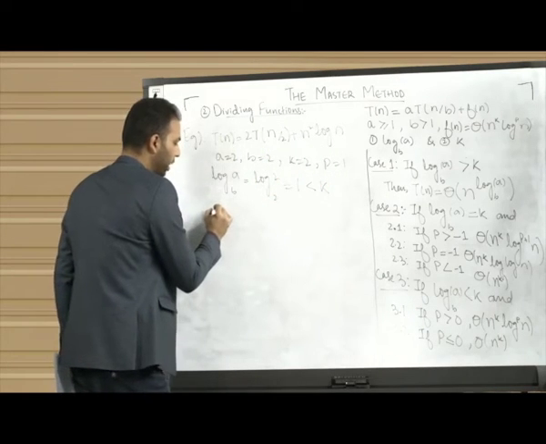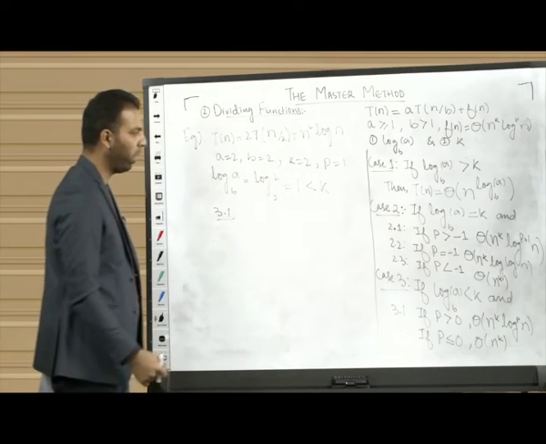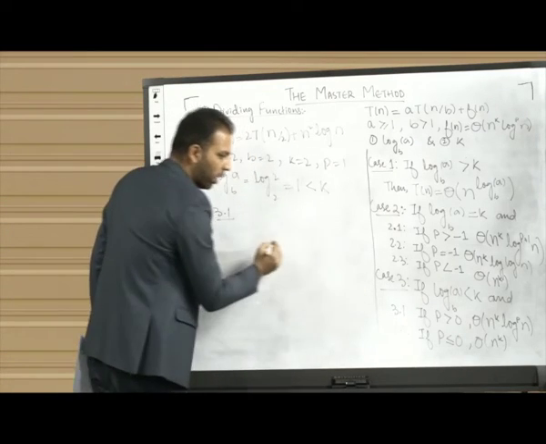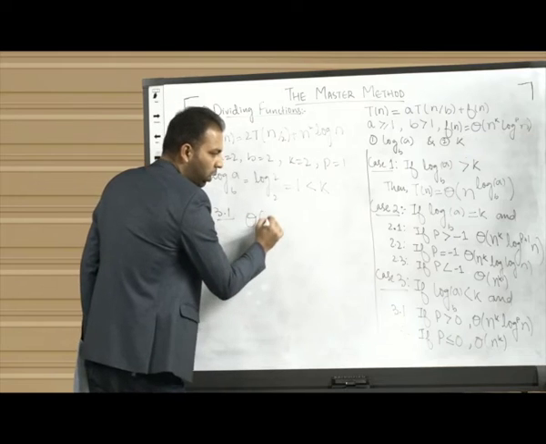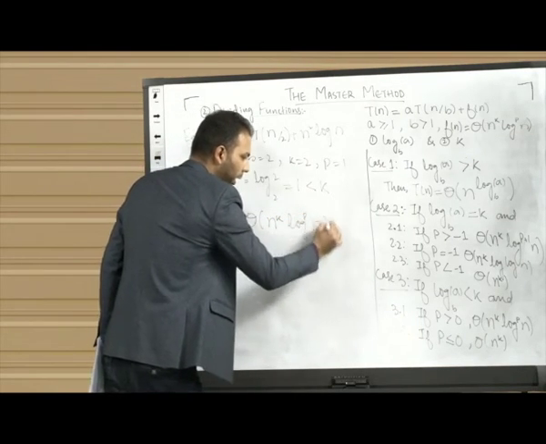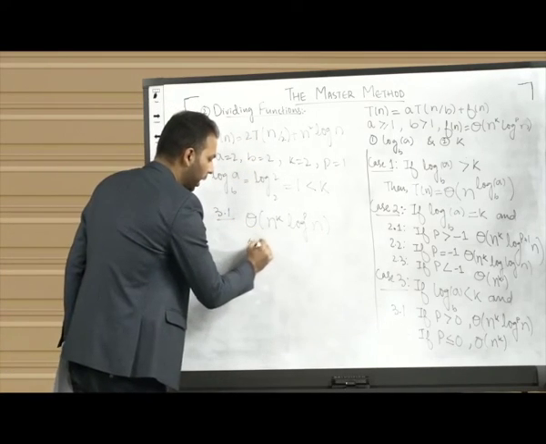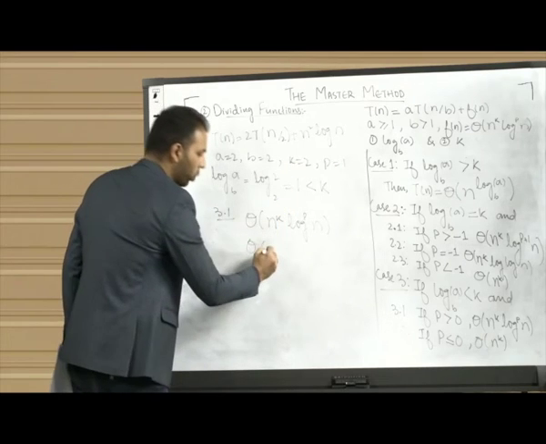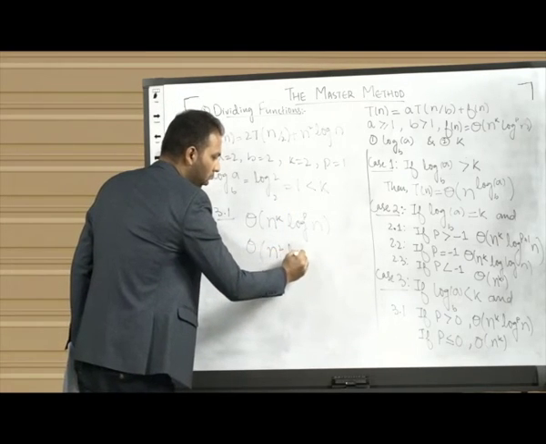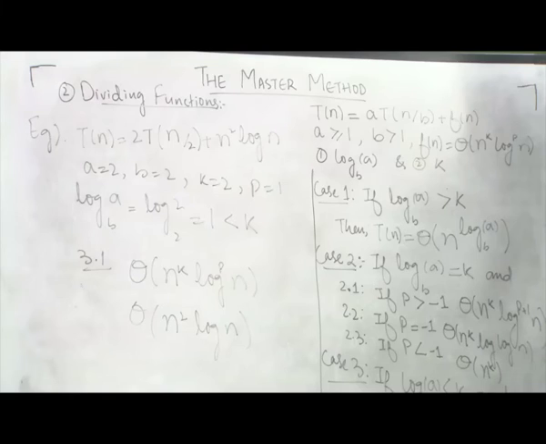So you are satisfying case 3.1. Your 3.1 is simply of the order n raised to the power k log n raised to the power p. Your k is 2 and p is 1, so it is n square log n.